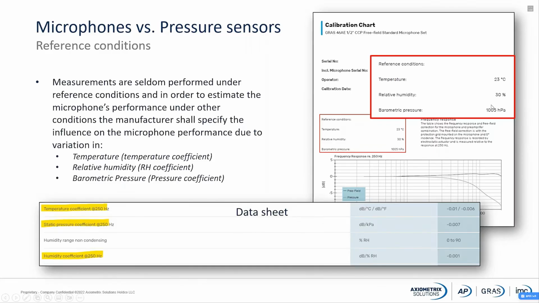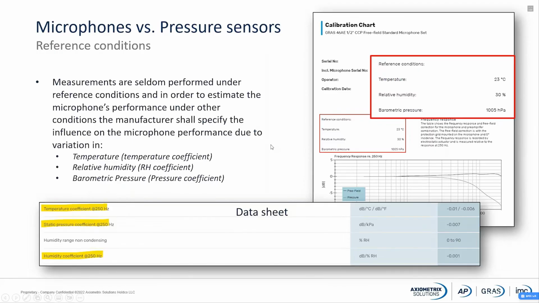So then, of course, this is not in accordance with the standard, and therefore in the data sheet for all the microphones, you will find that there is a temperature coefficient and a static pressure coefficient. That means that you can see how many decibel per kilopascal it is changing, and then you can do the math, and then you can actually calculate what is the reference data for this microphone.